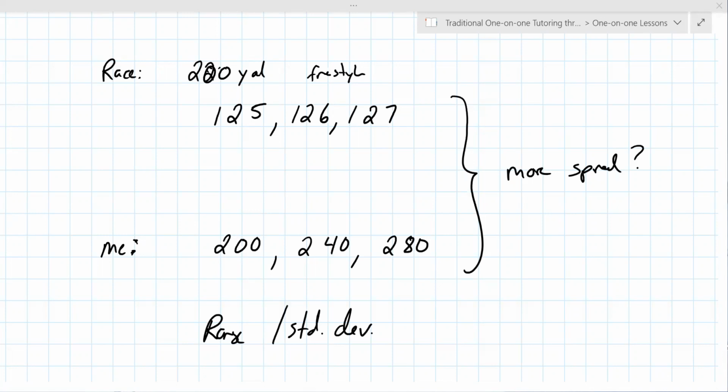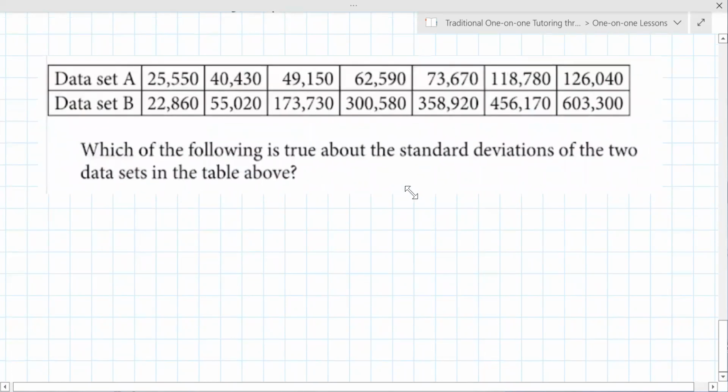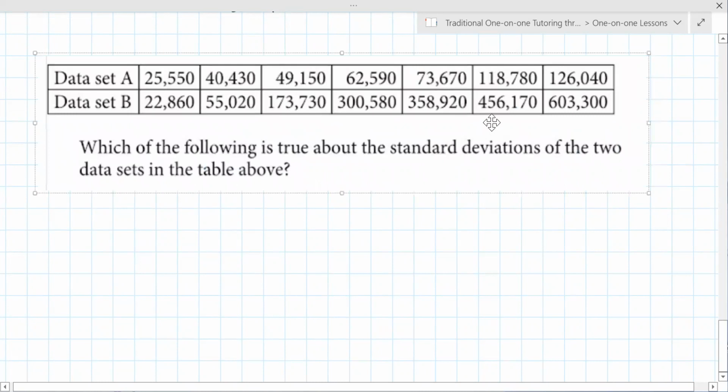I'm not going to snip in the answers because it gets a little too much at first, but we'll do it this way. This is one of the benefits of doing it virtually: I can ease you into the questions rather than overwhelm you. So tell me which data set has a greater range or standard deviation, because they're essentially the same. Data set B. Yes.